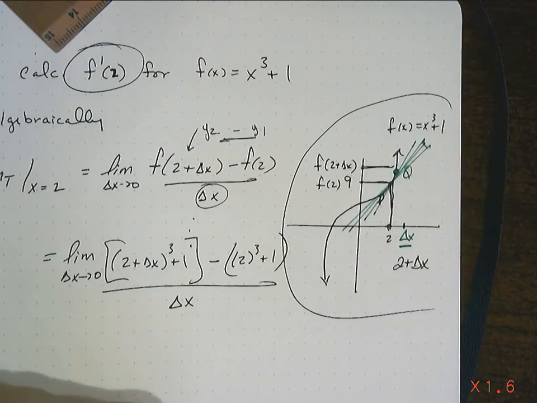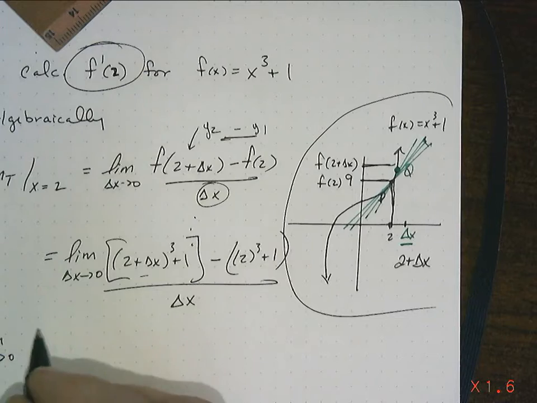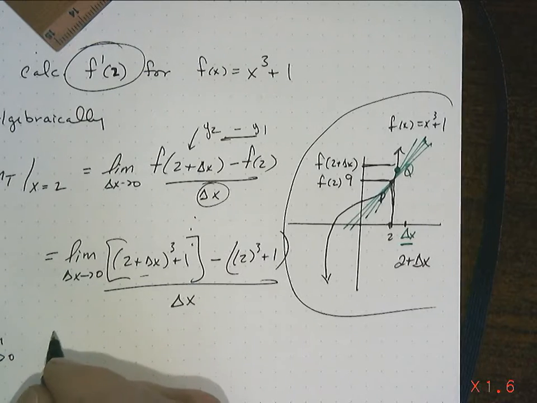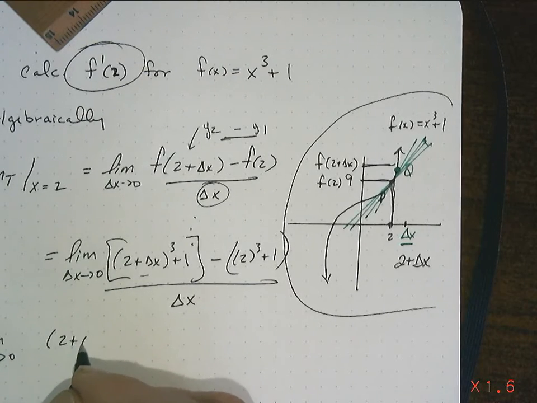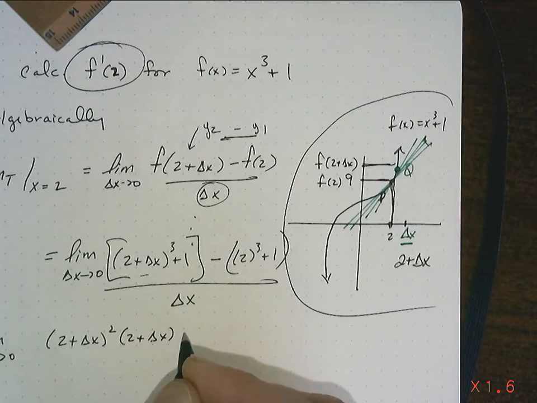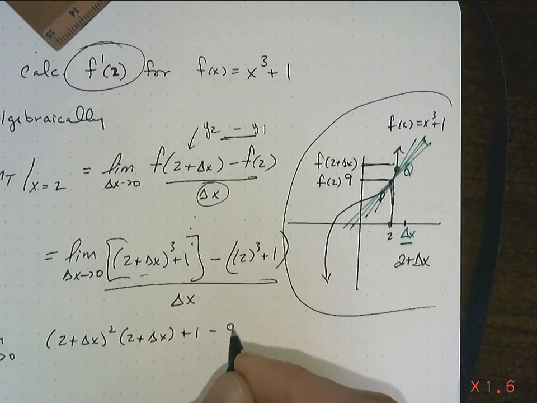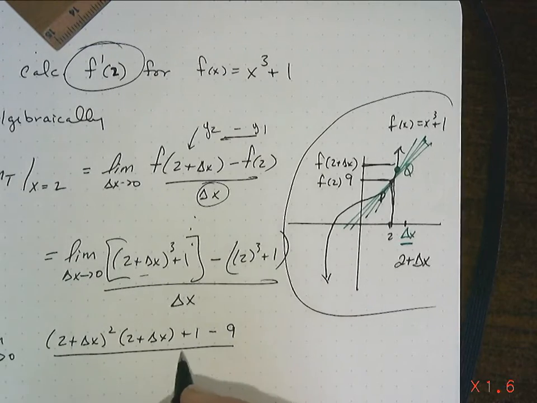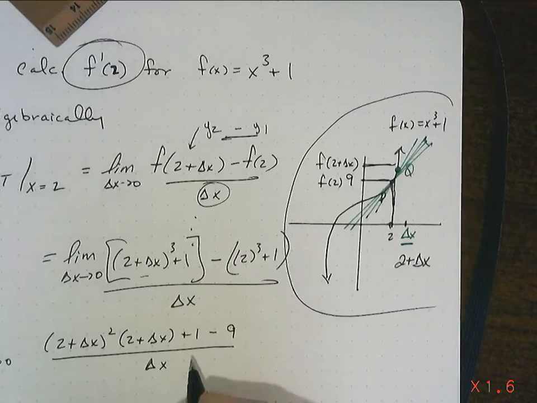So now this is going to be the limit as delta x approaches 0. Now this is cubed. Oh, I shouldn't have picked cubed. That's going to be so hard. So it's going to be 2 plus delta x squared times 2 plus delta x plus 1, subtract 9. I'm not going to fool around. I'm just going to make that 9 over delta x.